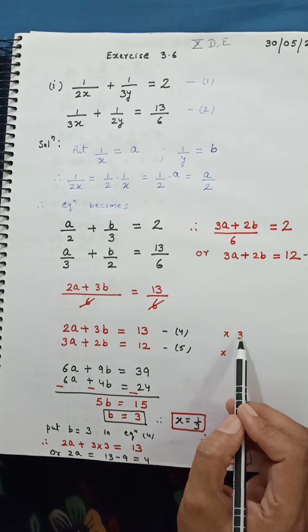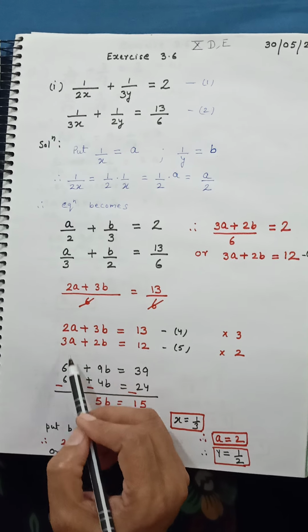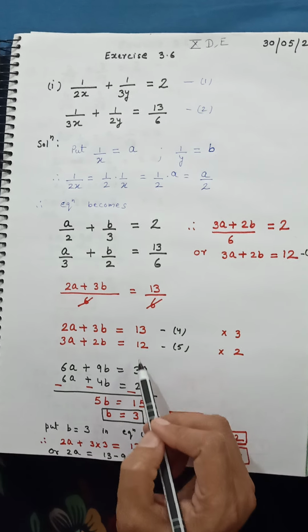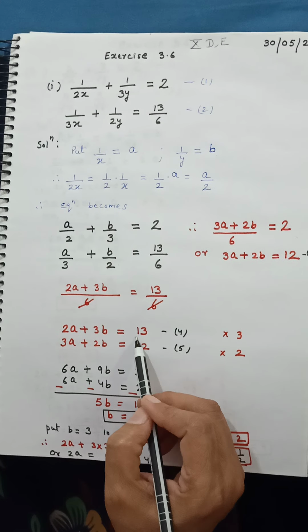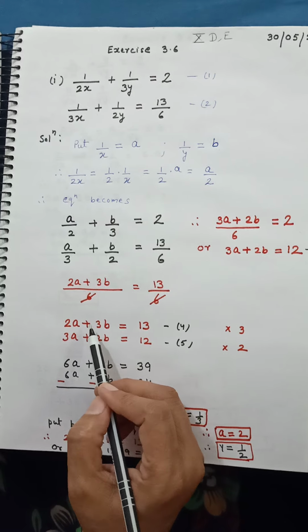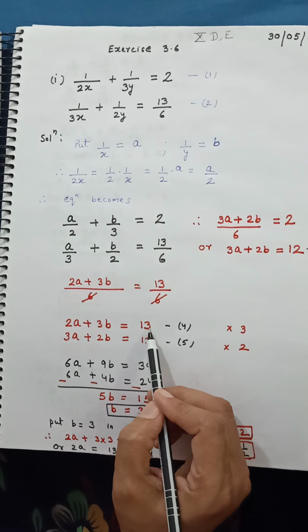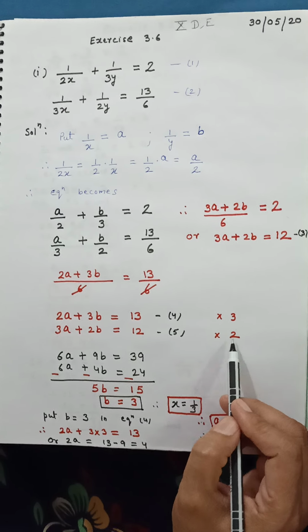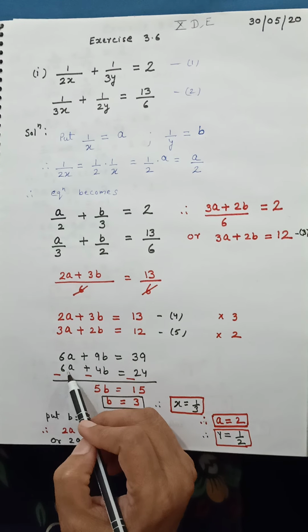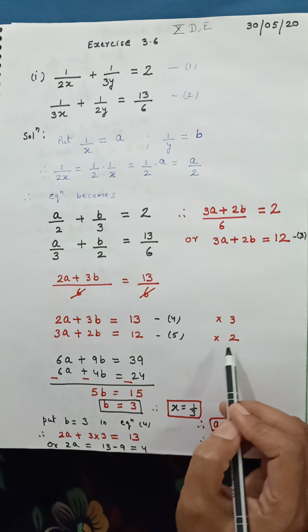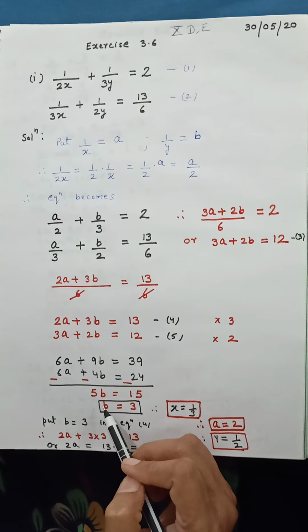If I multiply by 3, 3 2s are 6a, 3 3s are 9b, 13 3s are 39. Do not forget to multiply the 13. Normally students multiply on the left hand side, they forget to multiply on the right hand side. So 13 3s are 39. Similarly, 2 into 3a is 6a, 2 into 2b is 4b, and 2 into 12 is 24.